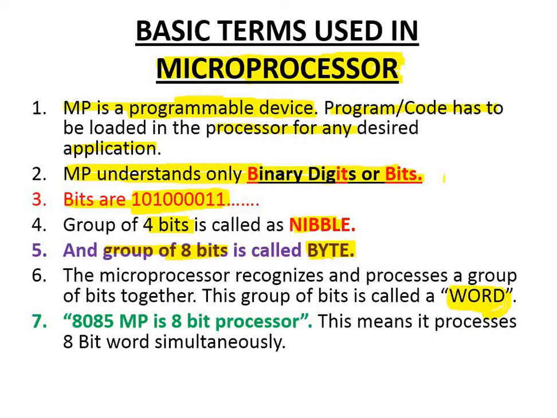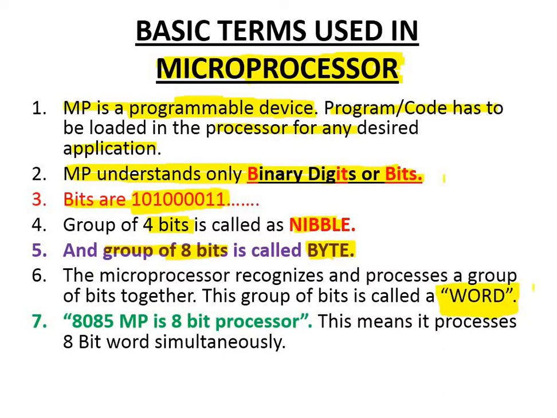Suppose it is a 16-bit word processor, then 16 bits can be processed simultaneously. For a 32-bit processor, 32 bits can be processed simultaneously. For a 64-bit processor, whatever functions you want on 64 bits, it can do in only one cycle.